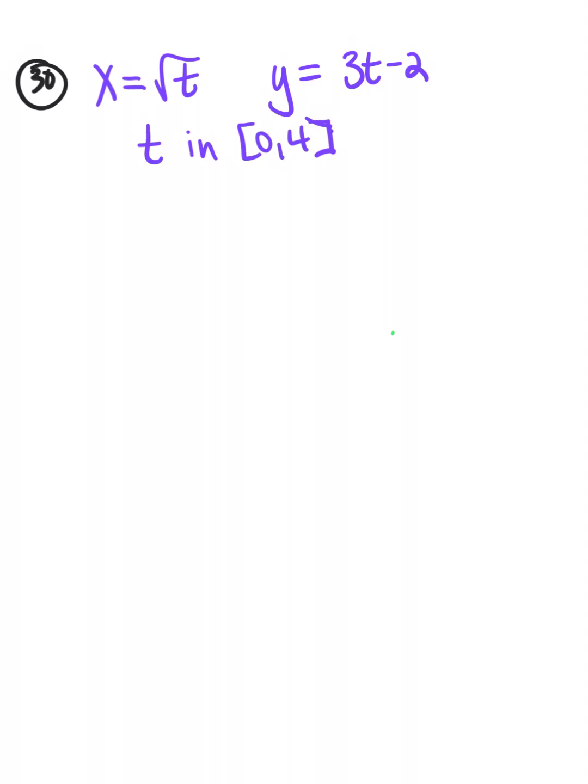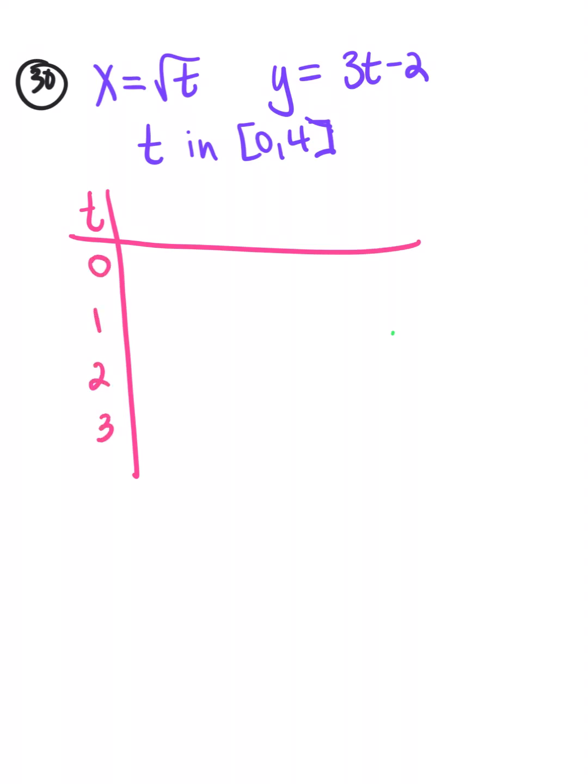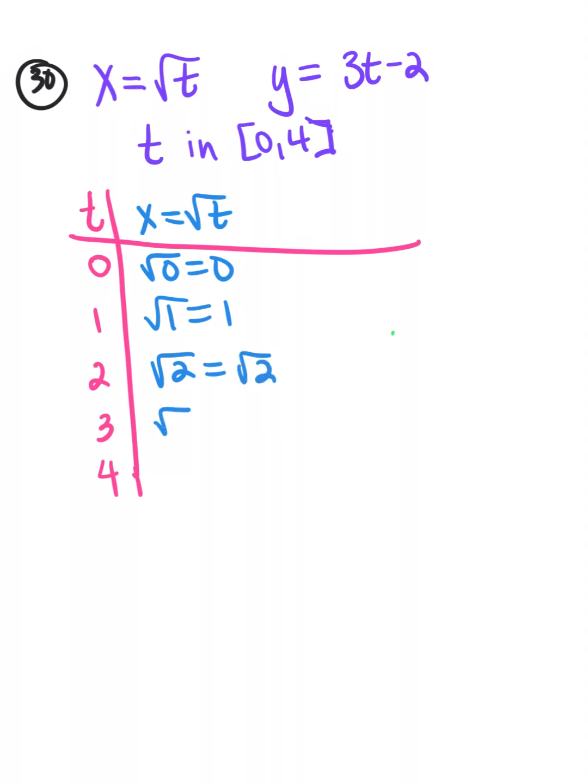Okay, so here we're going to create a table, and remember t here is between 0 and 4. So we can pick 0, 1, 2, 3, and 4 if you like. To find the x, we're going to take the square root of t. So square root of 0 is 0, square root of 1 is 1, square root of 2 is square root of 2, square root of 3 is square root of 3, square root of 4 is 2.